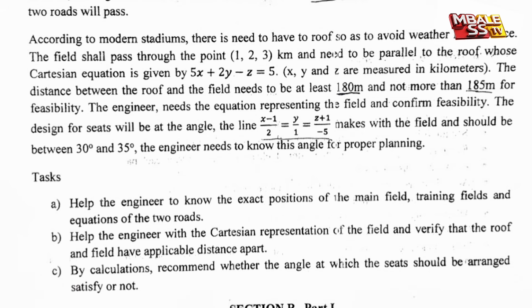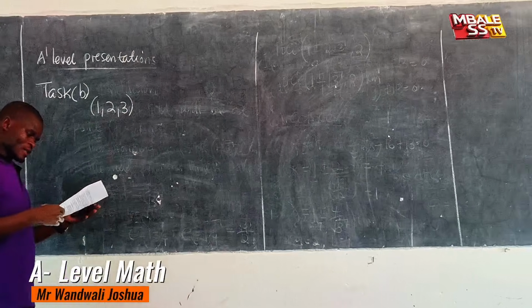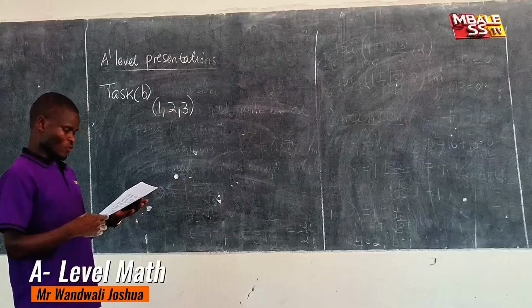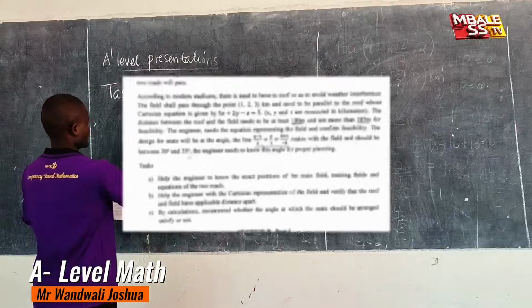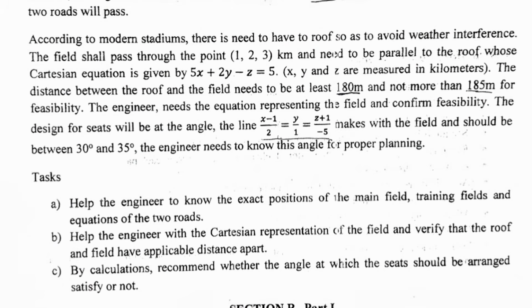According to modern stadiums, there is a need to have a roof so as to avoid weather interference. The field shall pass through point 1, 2, 3, and it needs to be parallel to the roof, whose Cartesian equation is 5x plus 2y minus z equals 5.